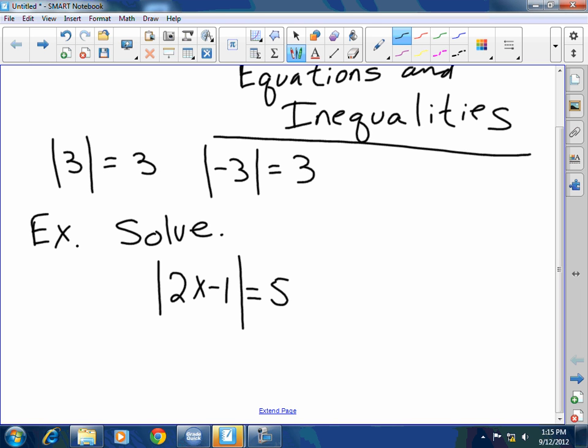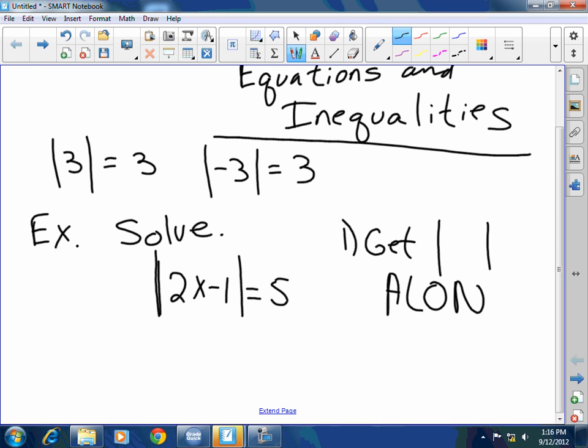In this particular case, the absolute value is by itself. If I had plus 6, then I'd have to subtract the 6 to get it alone. If I was multiplying by 3, I'd have to divide by 3 to get it alone. If this was all being divided by 7, I'd have to multiply by 7 to get it alone. So step 1, get the absolute value alone.